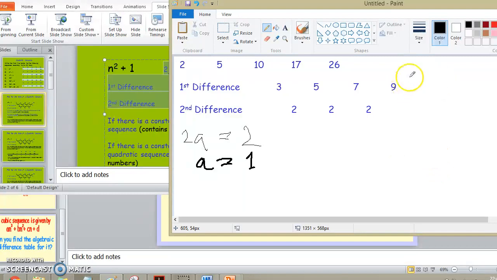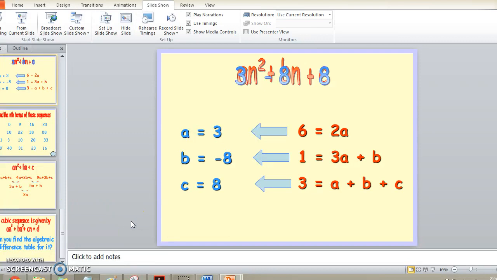Now my general formula is a n square plus b n plus c. So I've got the value of a, which is 1. After that, what did we find out in this example? That 3a plus b is the second one.